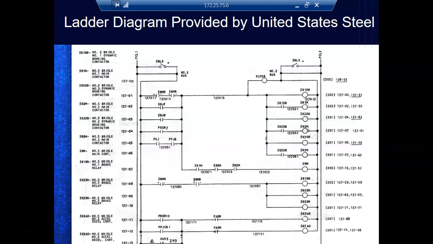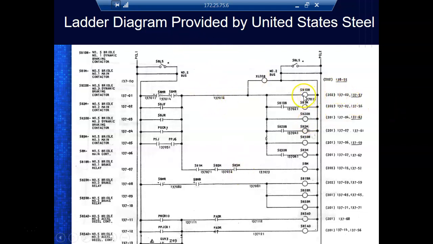Why it's done that way is that this relay right here, 5B1DB, controls contacts. Those contacts could be anywhere in this diagram. So we got to have some way to indicate where these contacts are. And that's what this is over here.